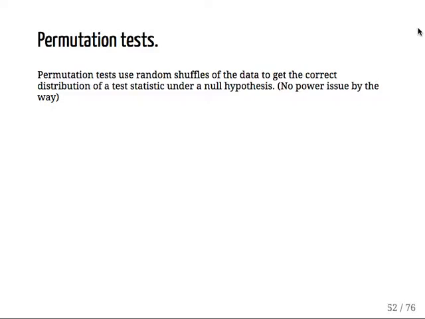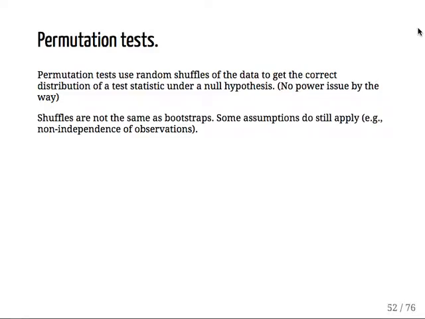And so the question is, if we did those random shuffles of our data and we still get significant results, then probably it's not a robust type of effect. So we can do the same test over and over on our shuffled data versus actual data, and then see how often we get the same result. And in this case, you also don't have a statistical power issue because it's determined by your data frame.